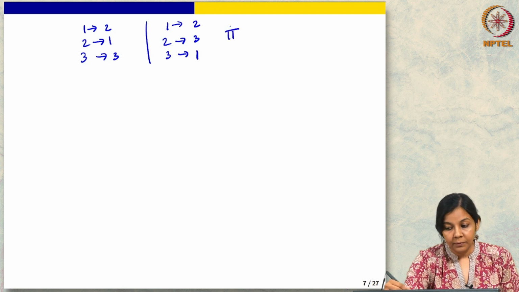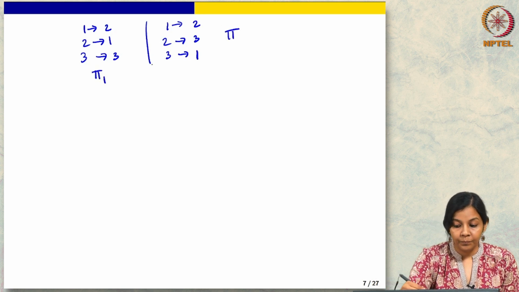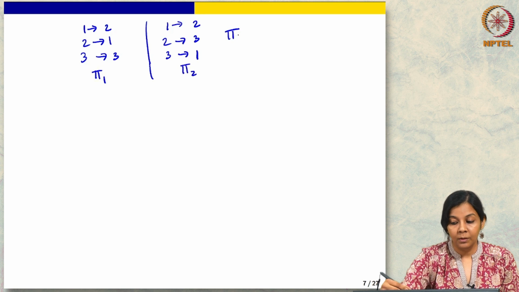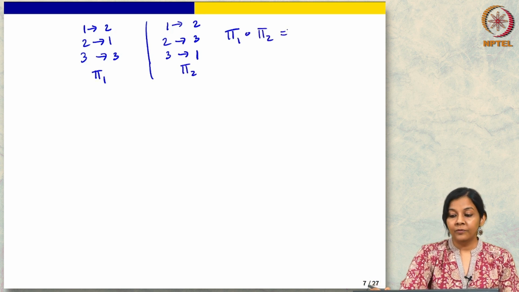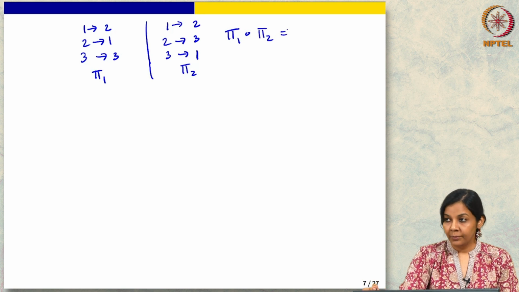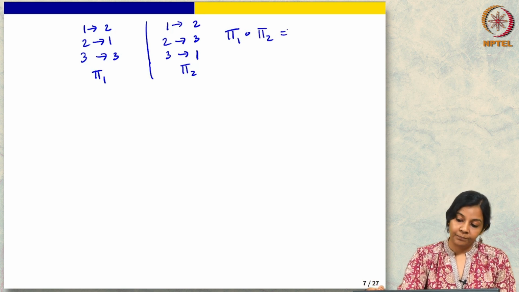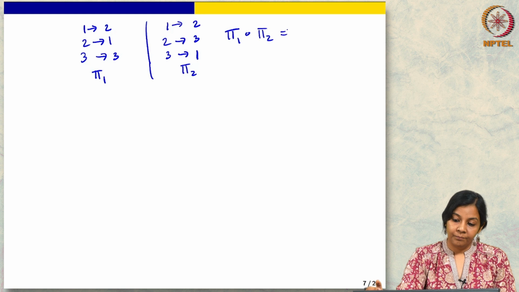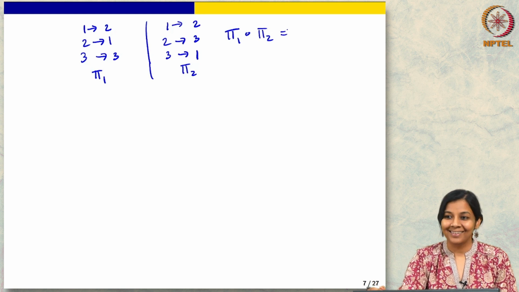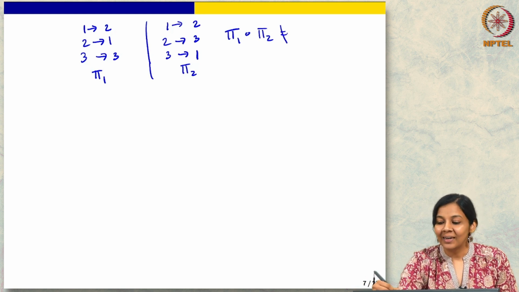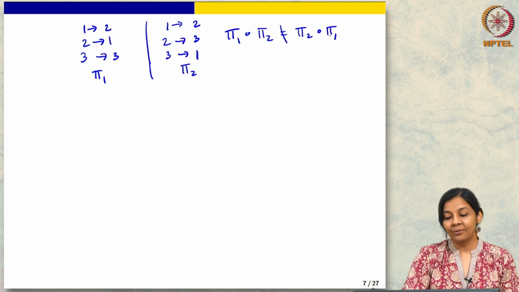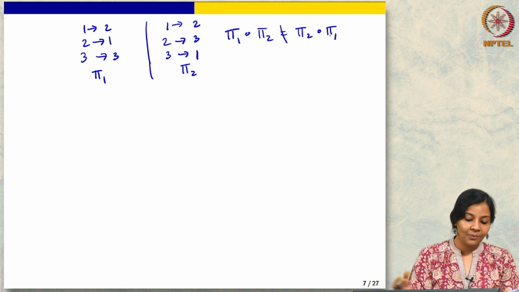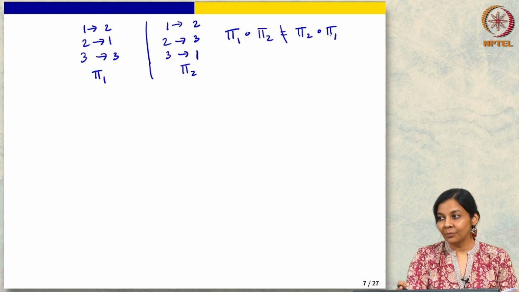This is pi 1 and this is pi 2. So, pi 1 composed with pi 2, what is it? We can do it, but maybe I do not have to. I will just claim that pi 1 pi 2 is not the same as pi 2 pi 1.